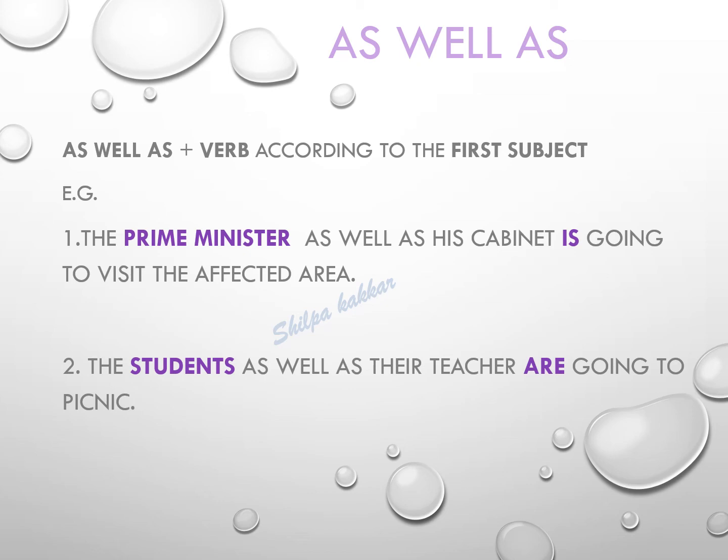We have to look for the first subject in the sentence. I hope you will remember this. It will help you when an as well as sentence is there, when we are talking about two things simultaneously. At that time we use as well as, and when as well as is used, we have to take the verb according to the first subject in the sentence.